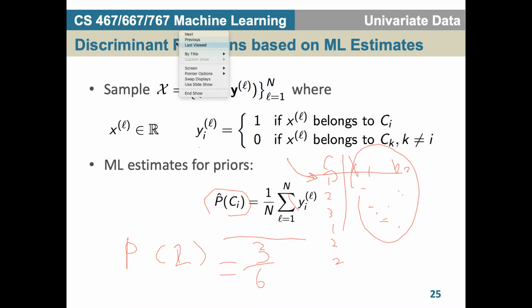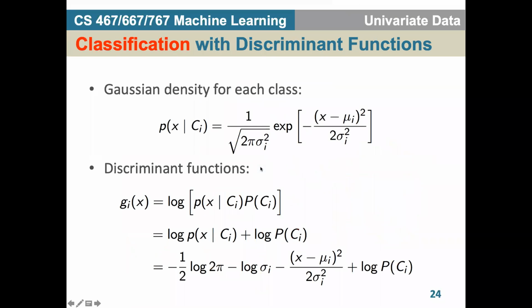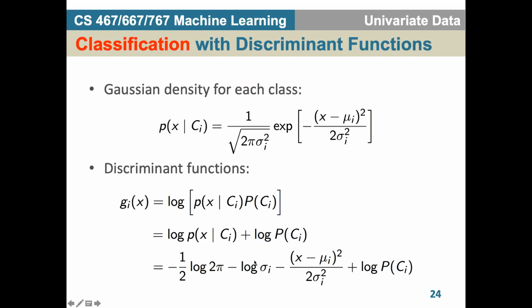So this is basically this prior term. Put simply, we have two terms. The first term is Gaussian. We assume this is Gaussian, by the way. It may not be Gaussian.